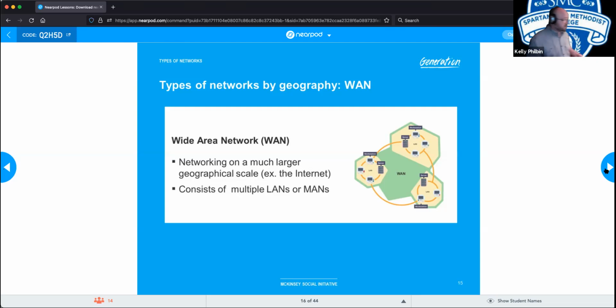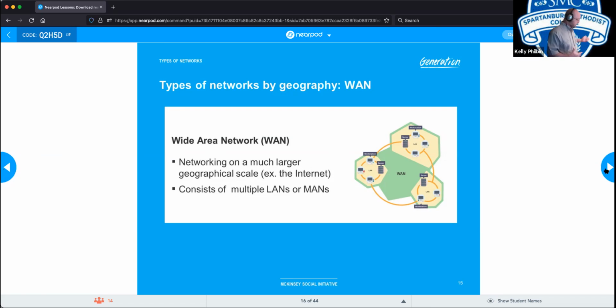It also could span multiple continents, like Europe, Asia, Africa, South America, Australia. You can have these connections put together, and that would also be considered a WAN. It can go the whole globe.